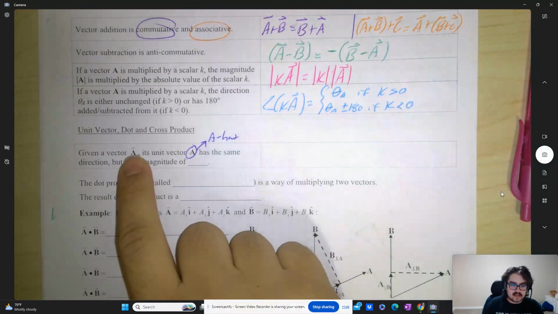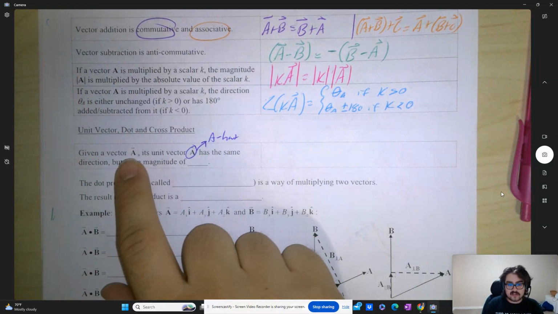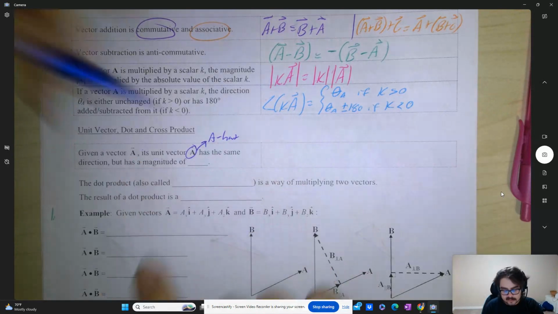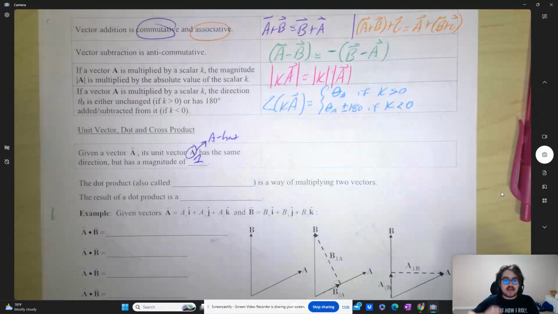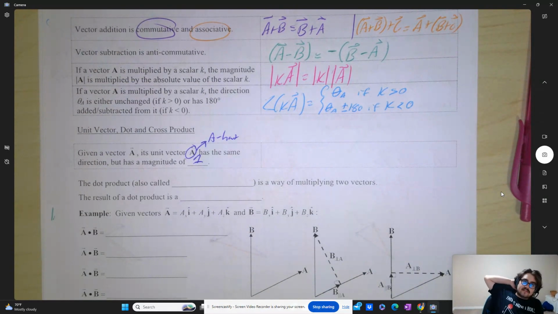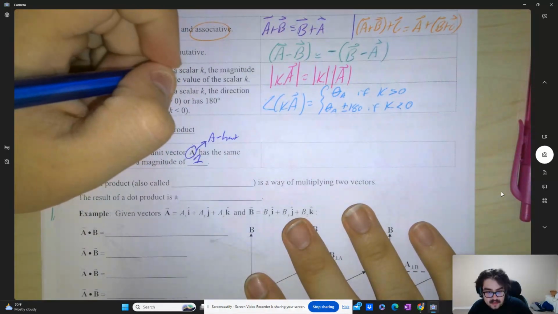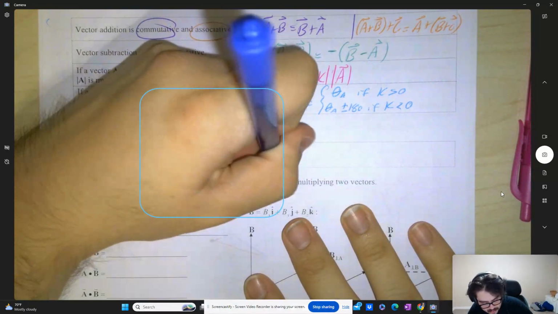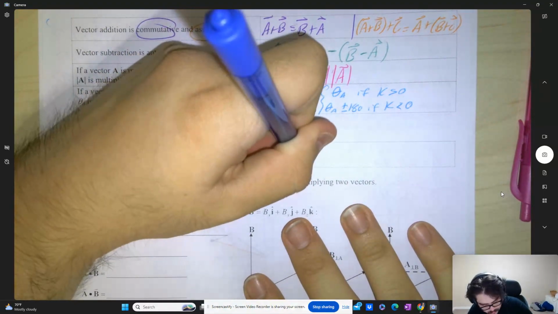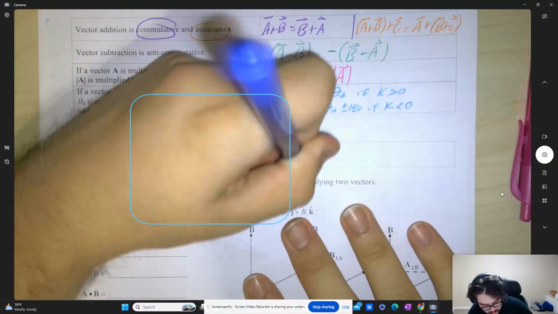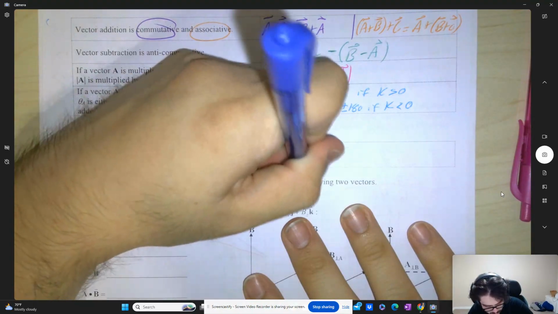So if you have a vector A, the unit vector associated with that vector A is the same thing, but it only has a magnitude of 1. It has the same angle, but the magnitude is 1. And the way to get a unit vector is A hat is equal to A over the magnitude of A.